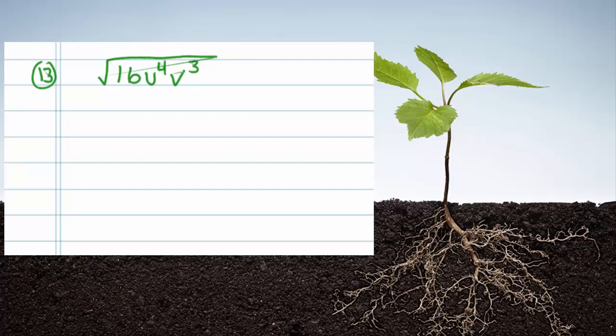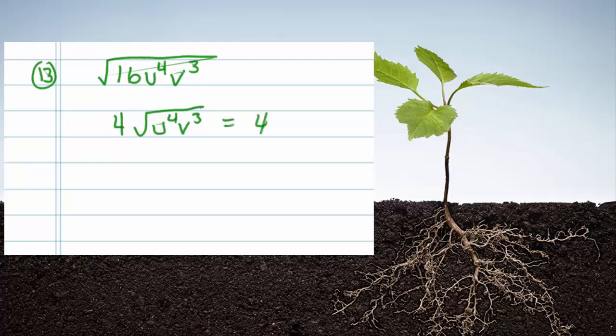So the square root of 16 is going to kick out a 4 because that's the same as saying 4 times 4. One of my twins gets marked out, the other gets brought to the front of the radicand. So I have 4 root u to the 4, v to the third.